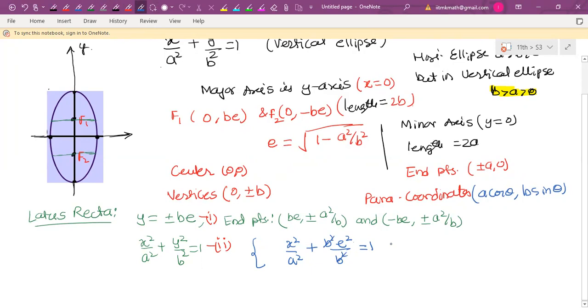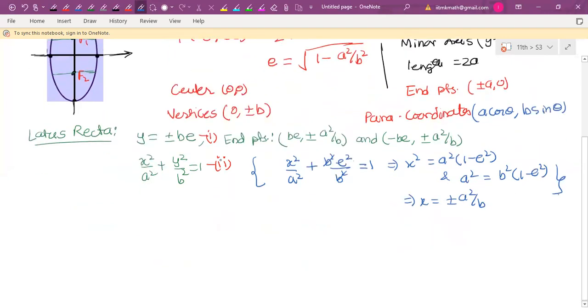So you will get x square is equal to a square into 1 minus e square, and you know very well that a square is equal to b square into 1 minus e square. So basically you will get x is equal to plus minus a square upon b. Like that you will get the points of intersection of the latus rectum and the ellipse.